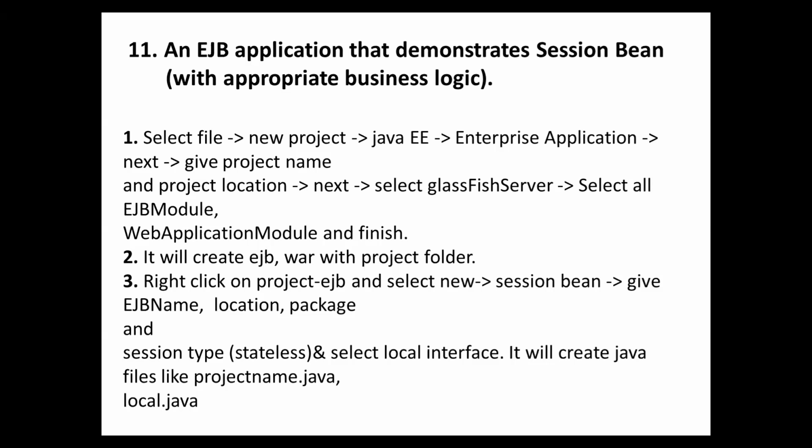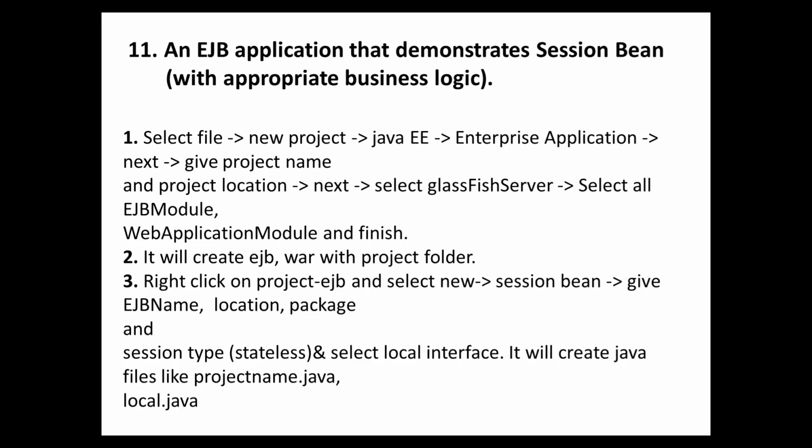In this 11th program, we have to demonstrate the application using EJB with the appropriate business logic by using a session bean program. There is a step-by-step process to create our project and develop, implement, and build.